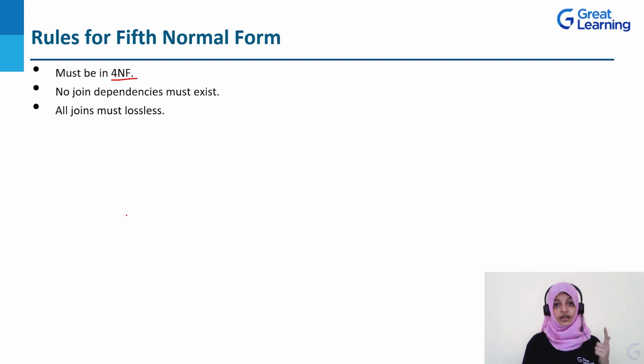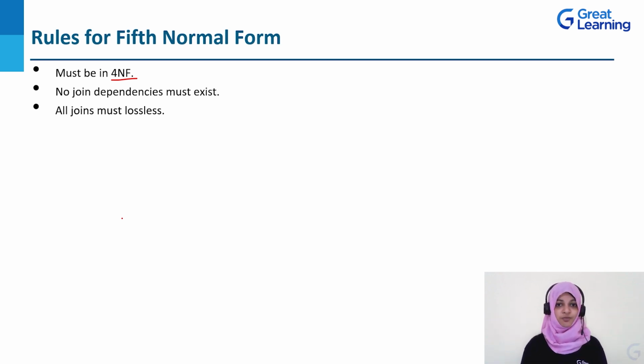There should be complete functional dependency of the non-key attributes on the primary key. There should be no transitive dependencies. All of the non-key attributes must be fully functionally dependent upon the super key. And lastly, there should be no multi-value dependencies. That is how we get 4NF.